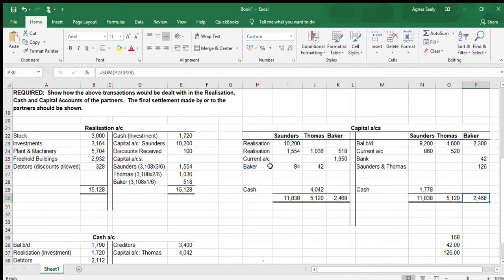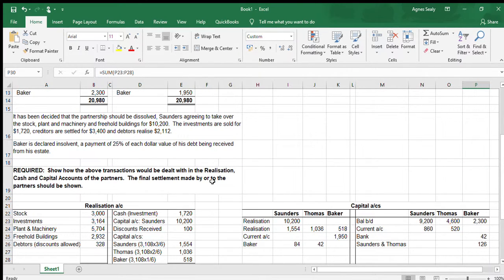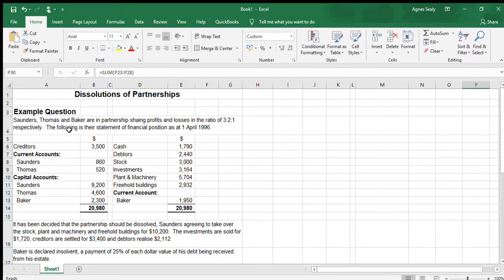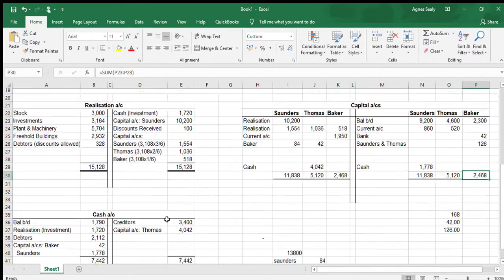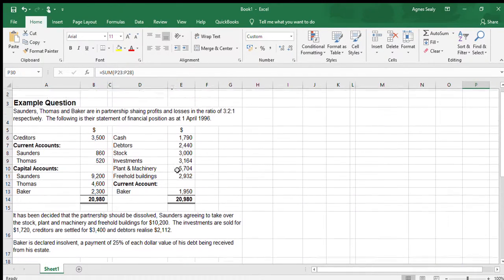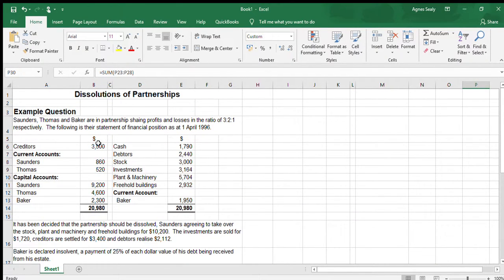So here we have completed this dissolution question, and we would believe that at the end of the day you would have a greater understanding of dissolutions of partnerships.